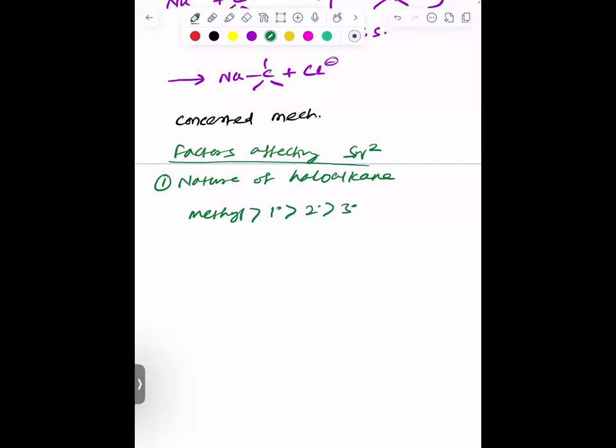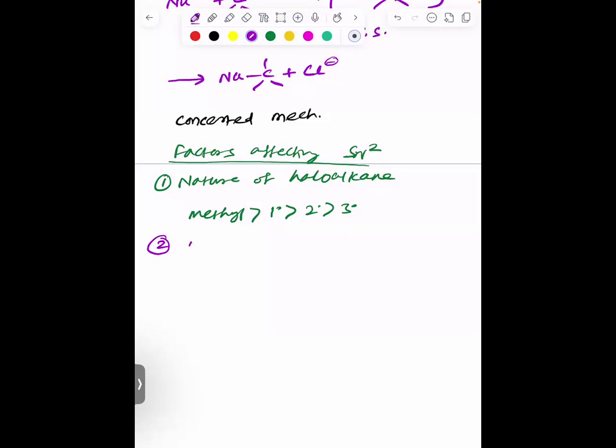Write down. Second, what is the second factor?